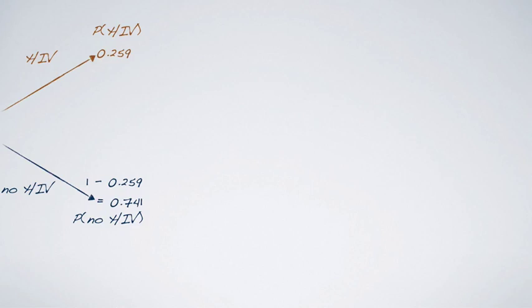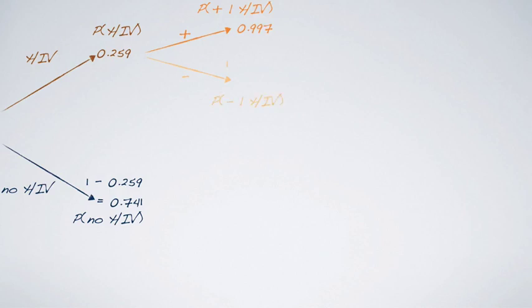Next, we move on to conditional probabilities. Let's start with the part of the population who has HIV. So we're going to be working with the top branch here. When these people take the test, they may get a positive or a negative result because the test isn't 100% accurate. Therefore, we divide up the HIV population into two, those who test positive and those who test negative. Based on information on the test that we were provided earlier, we know that the probability of testing positive if someone has HIV is 0.997.